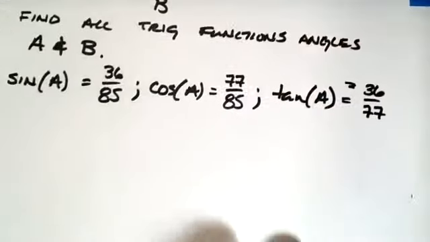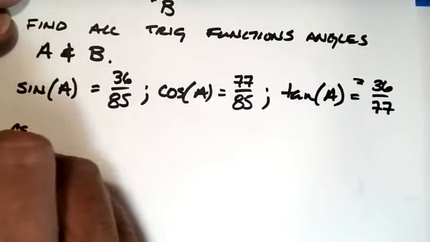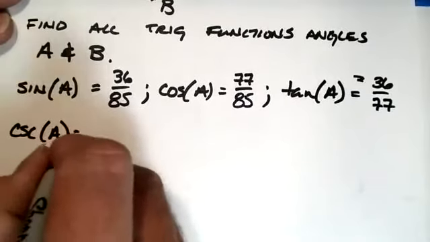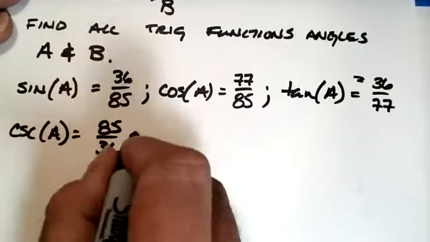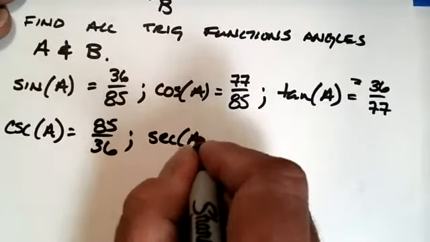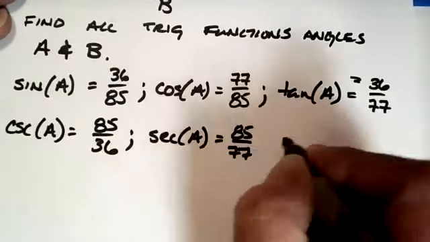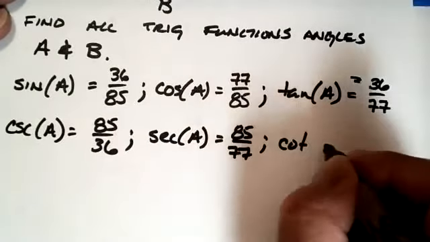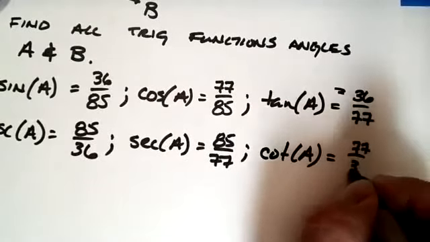And then, of course, the reciprocal functions. So cosecant of A, just flip this upside down, is 85 over 36. The secant, flip this one upside down, is 85 over 77. And then, of course, the cotangent of A, flip this one upside down, is 77 over 36.